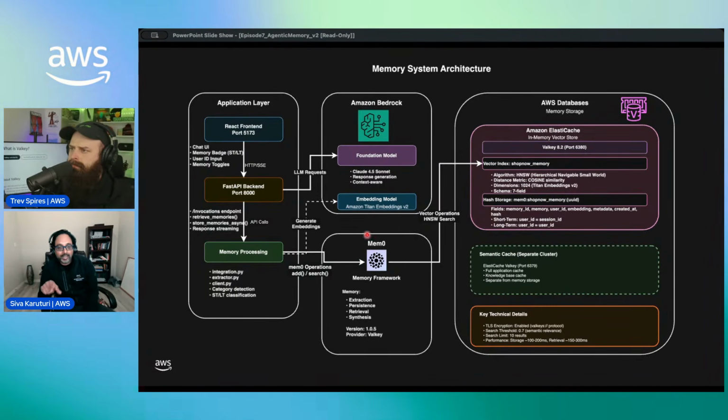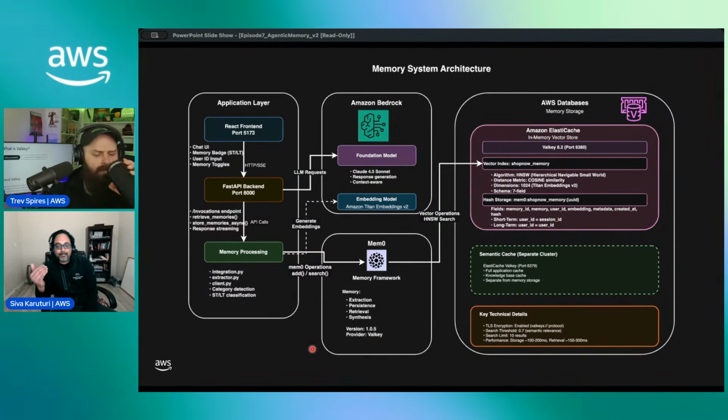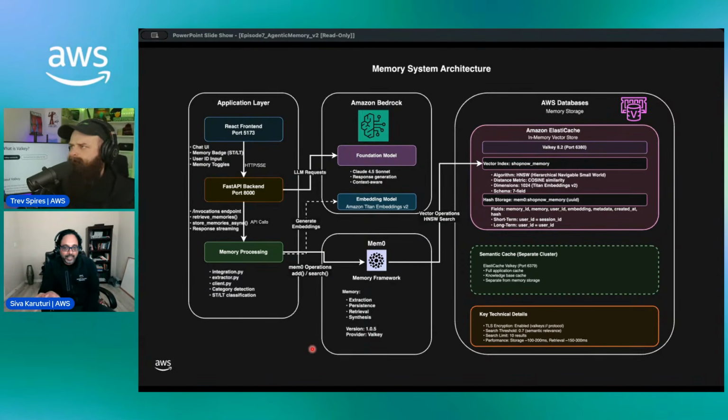Mem0 is a framework that interacts with Amazon ElastiCache, which in this case is a vector data store holding the vector embeddings. It does a lookup based on the HNSW algorithm, and I'll get to that again at a high level.